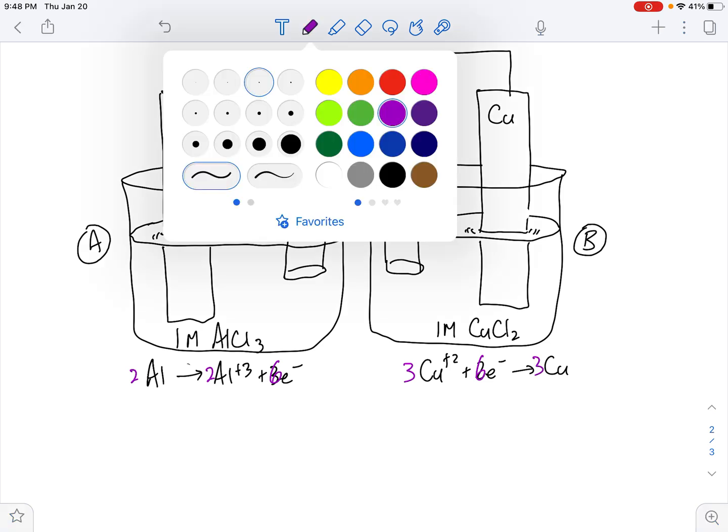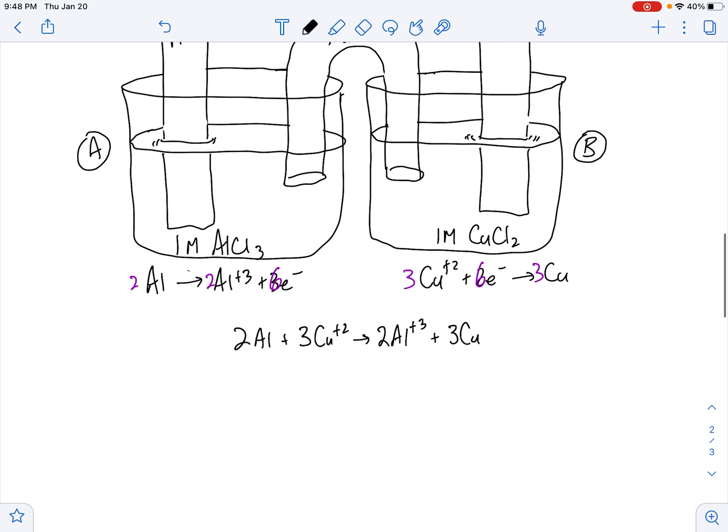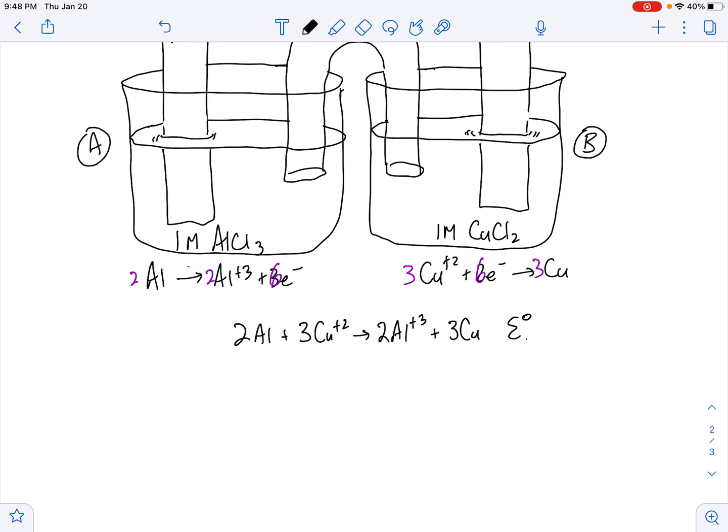And so my actual overall equation is going to be 2 aluminums will react with 3 copper plus 2s, going to 2 aluminum plus 3s and 3 coppers with an E cell of, saw those numbers over there, plus 1.66 volts.